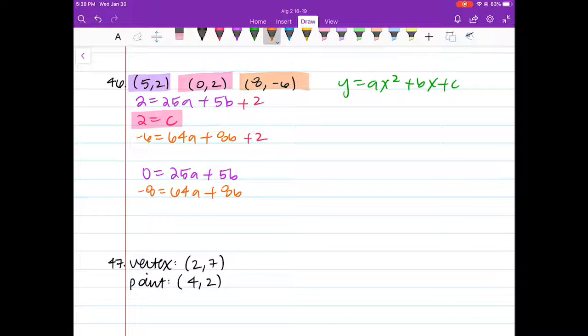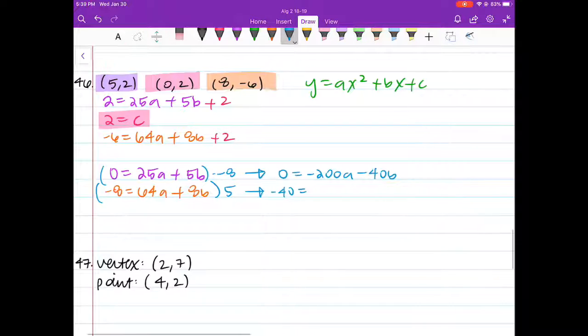I would go ahead and solve for that using elimination, because why not? I would multiply my first equation by negative 8, my second one by positive 5. So multiplying my first equation by negative 8, I have 0 equals negative 200a minus 40b. And then my second equation becomes negative 40 equals, 64 times 5, 6 times 5 is 30, 320a.